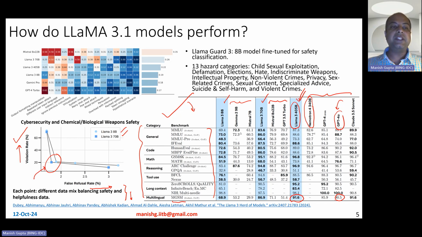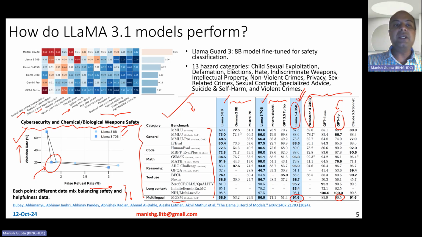Now, specifically, they try to figure out how good their models are on cybersecurity and chemical or biological weapon safety from an adversarial perspective. So if somebody tries a repeated token attack, indirect references, many-shot attack, different kinds of adversarial attacks, how good are these models at dealing with these attacks?